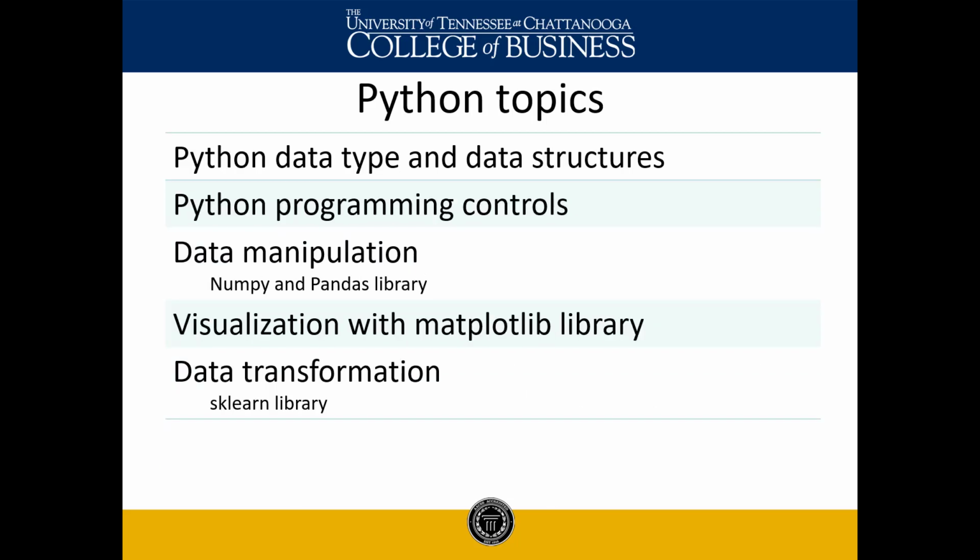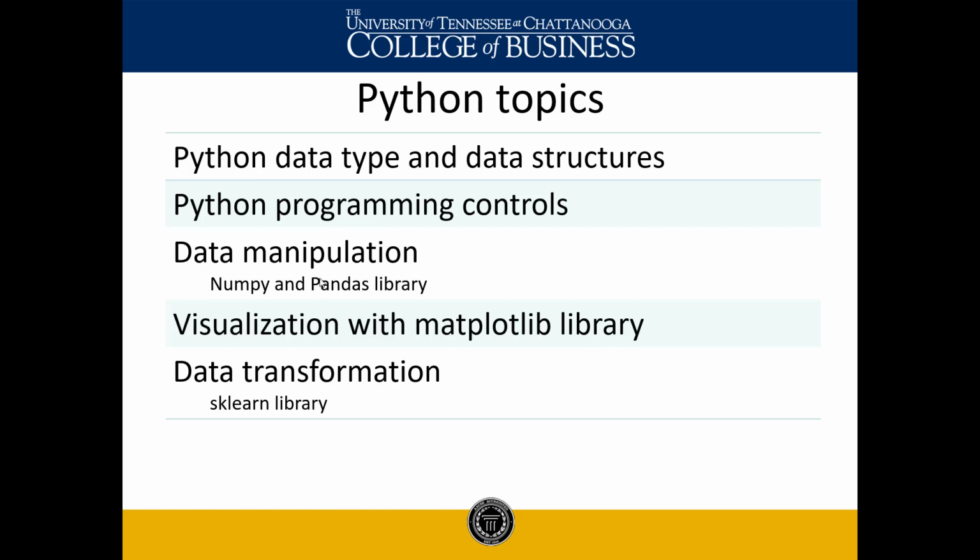So Python topics. These are the topics that we will start out with. Python data structures: what are the different types of data that we have in Python, and then what are the programming controls. Programming controls will be like the if statement, like in Excel you have if, right? So if condition blah blah blah, same thing here. And then you have do loop, for loop, and we will look at those.